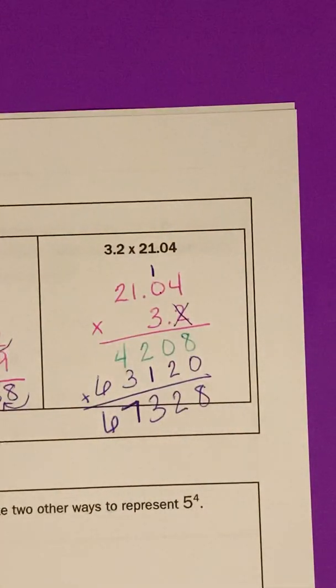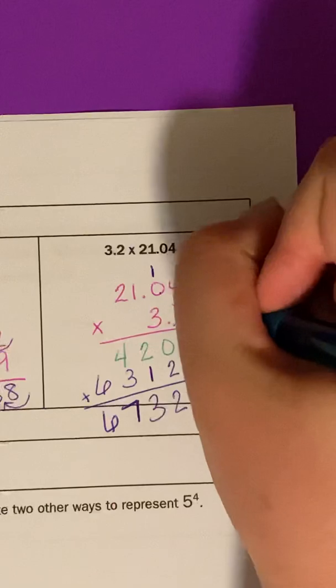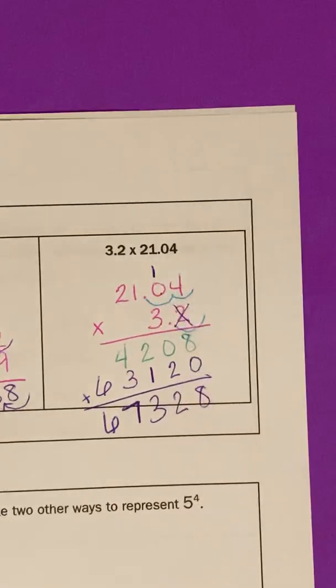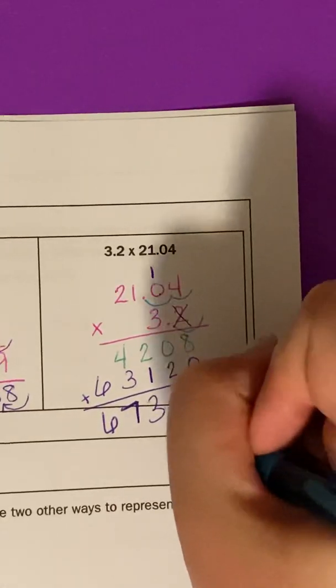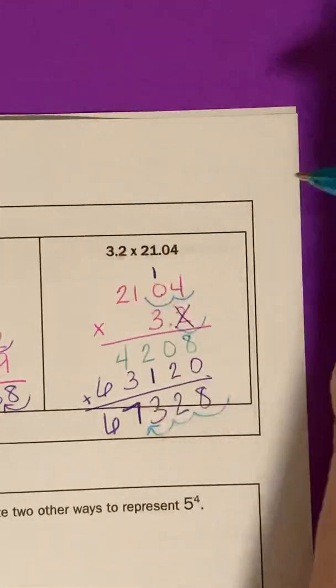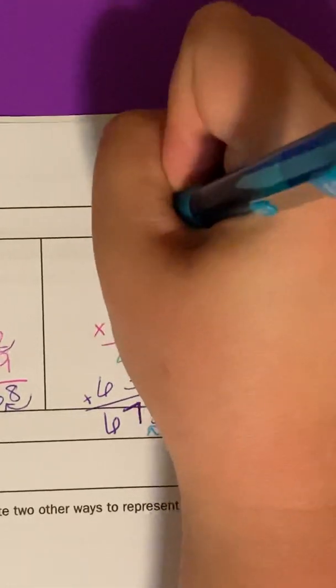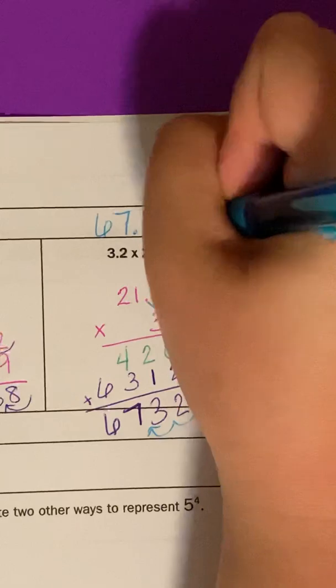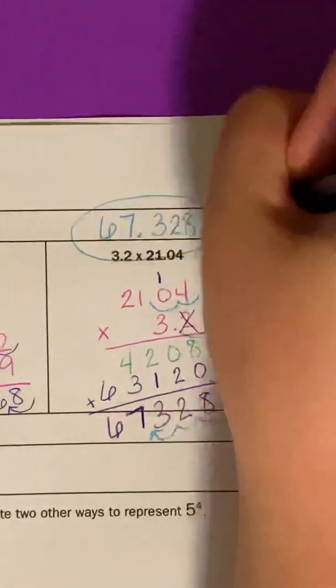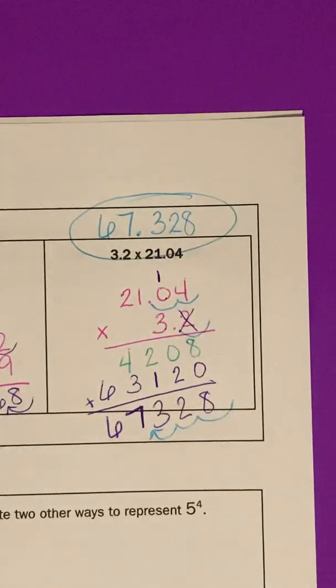The decimal. How many spots do we have? We have 1, 2, 3. So our answer is, I'm going to write it on the top so you can see, 67 and 328 thousandths, or 67.328. Again, you can pause it, whatever you need to do.